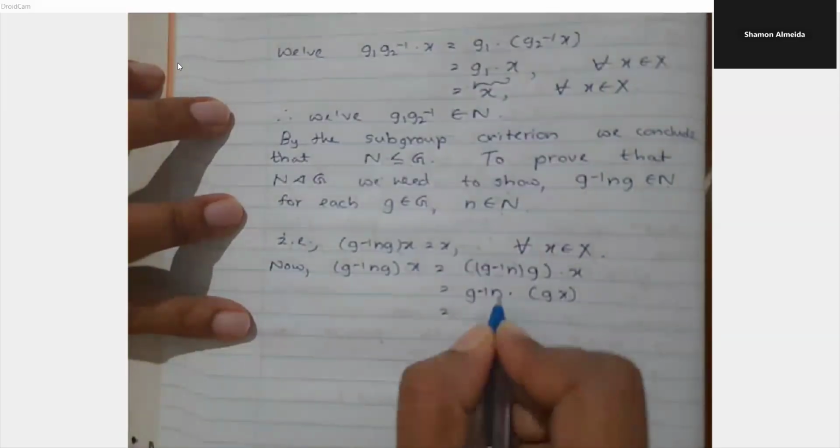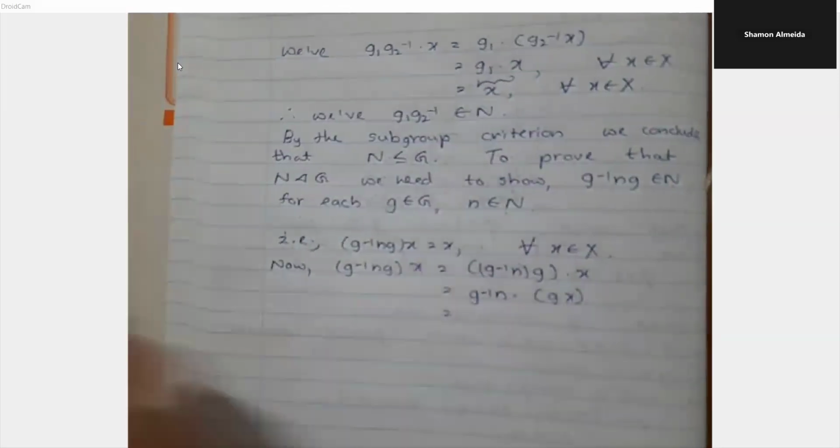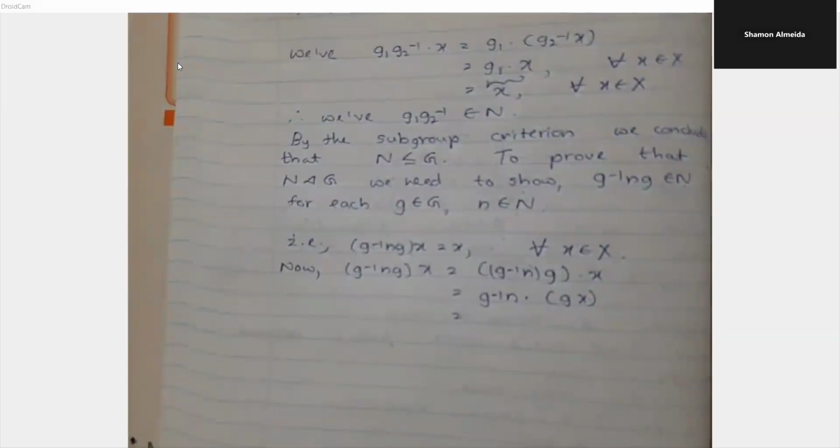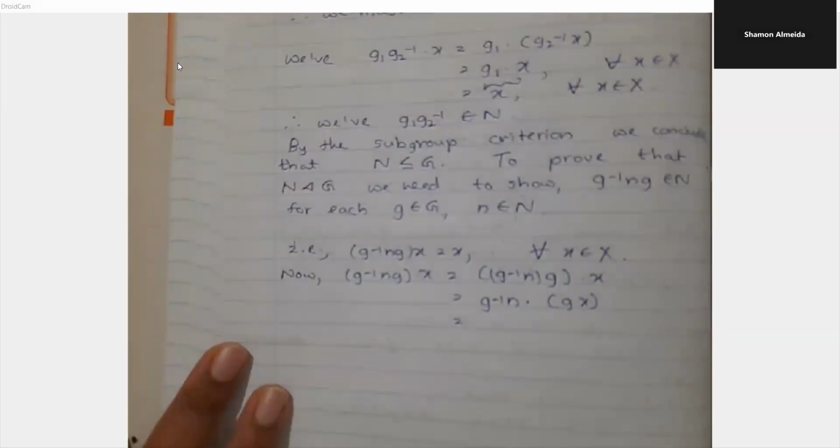So if you see the term that's on your left, g inverse n, this is like having the product g1 g2. Once again, we are going to apply the second property of a group action.